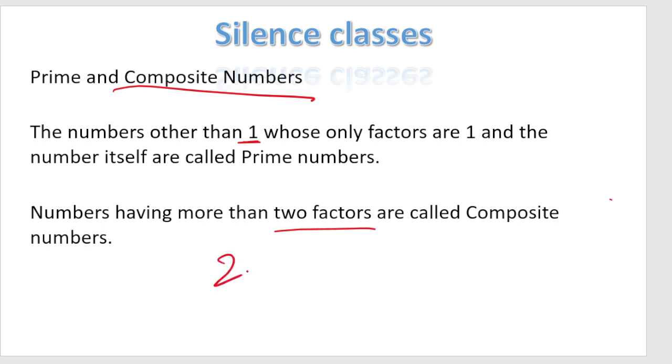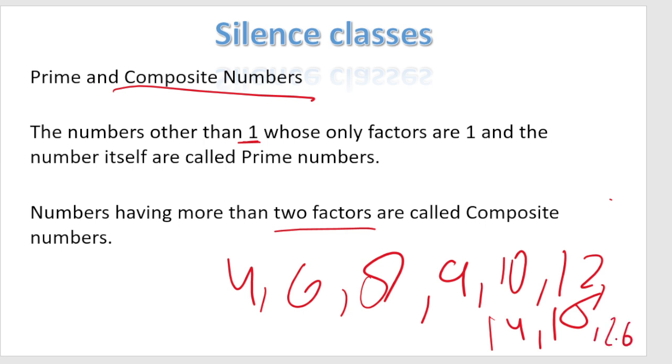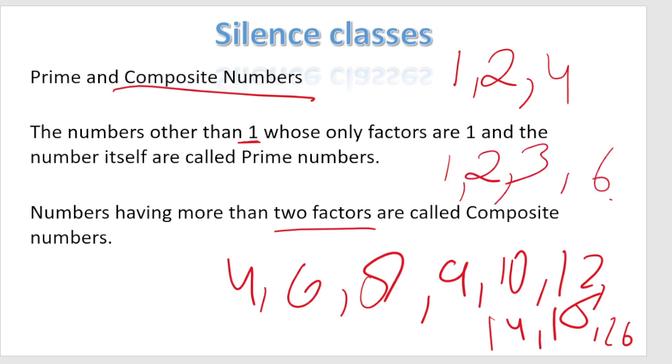Like 4, 6, 8, 9, 10, 12, 14, 15, 16, all these are composite numbers because they all are having more than two factors. 4 is divisible by 1, 2, and 4 as well. 6 is divisible by 1, 2, 3, and 6.